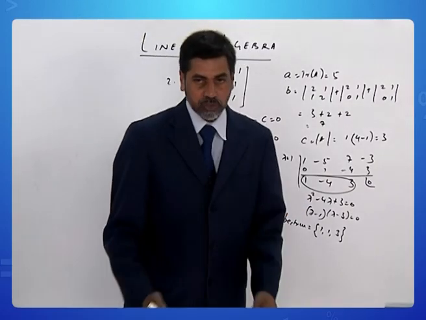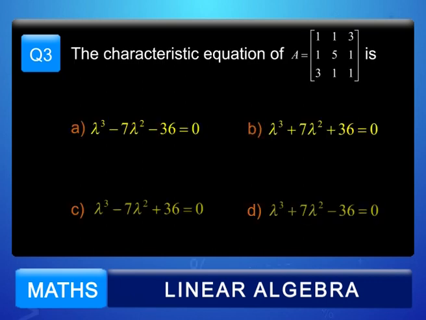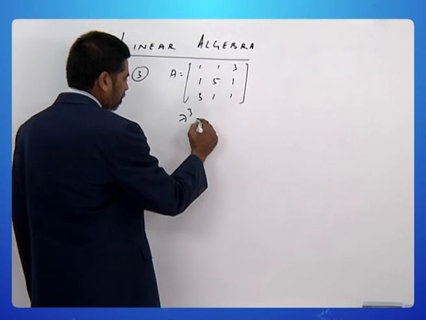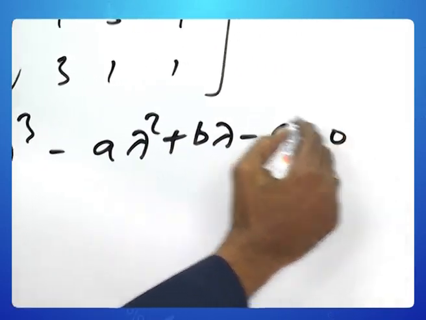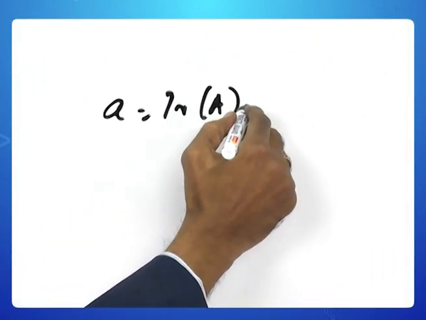Let's go to the next question. Question number 3. What is the characteristic equation of the matrix 1, 1, 3, 1, 5, 1, 3, 1, 1? So going by the fast track method, A will be the trace of A, which is 7.